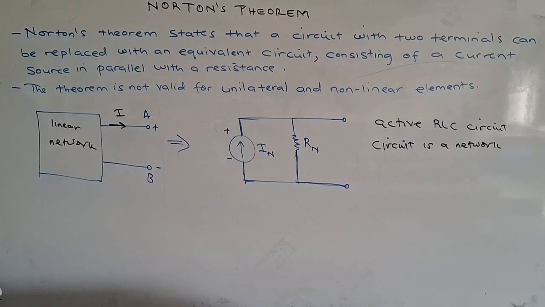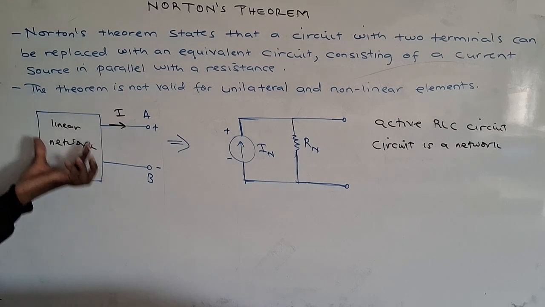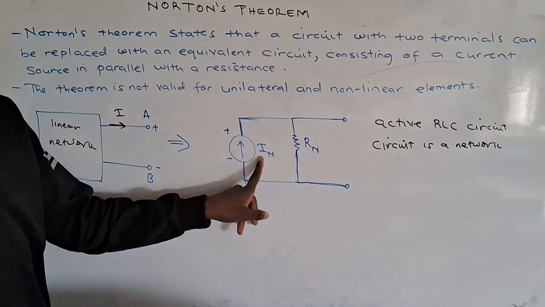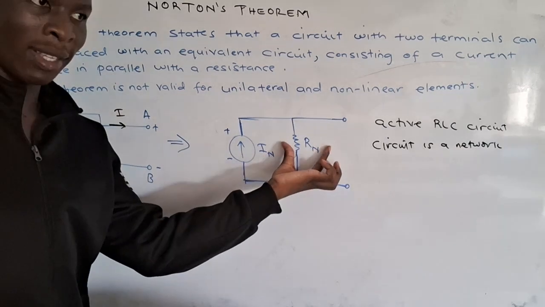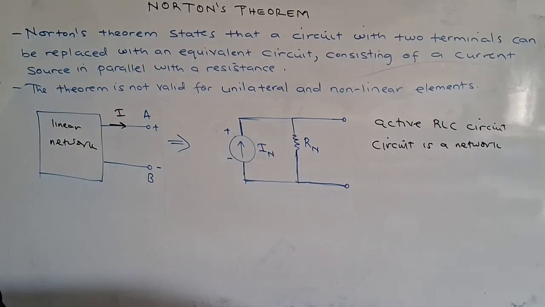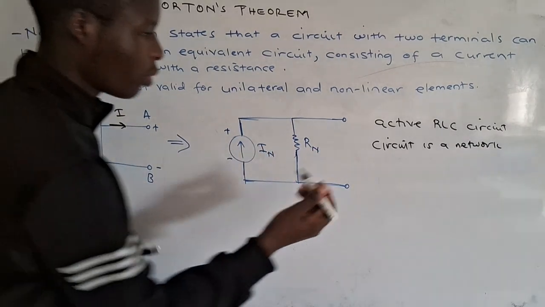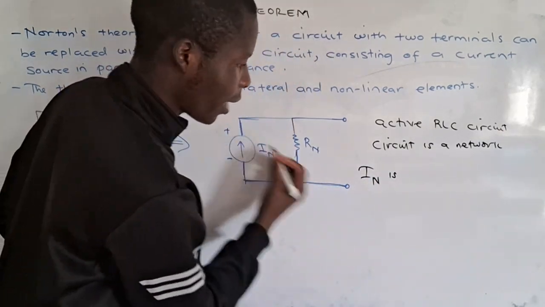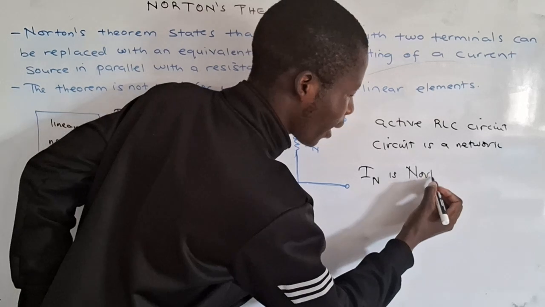What are you supposed to do? This complicated linear network can be converted into a current source and a resistor connected in parallel. Okay. This IN is called the Norton's current.